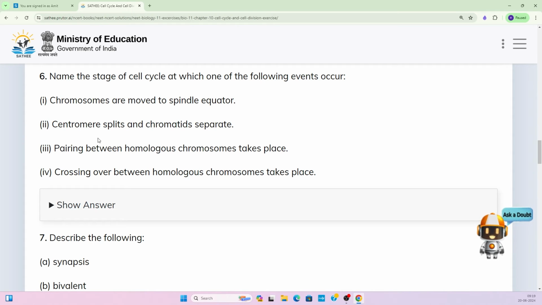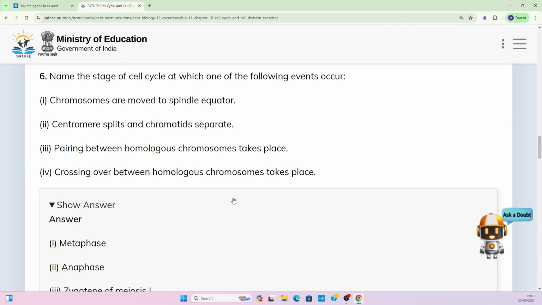Second, the centromere splits and the chromatids separate. Third, pairing between the homologous chromosomes takes place. Fourth, crossing over between the homologous chromosomes takes place. So let us see the answer.